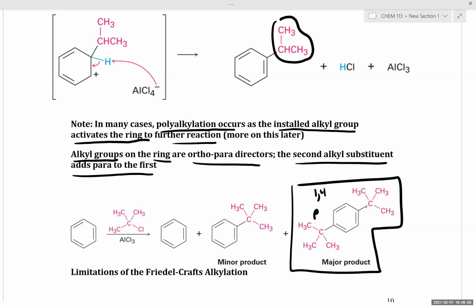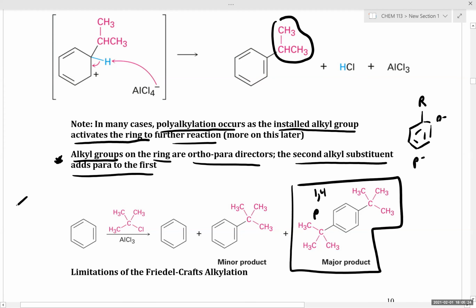Professor, could you go over ortho-para directors? What does that mean? So we're going to talk about this idea a little bit later on, but essentially this idea is when you have an alkyl group, such as an R group, that in turn activates the ortho and para positions for reaction and for substitution.